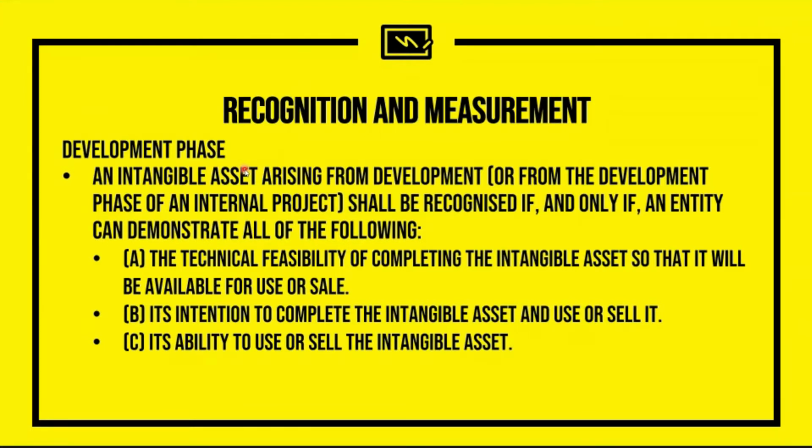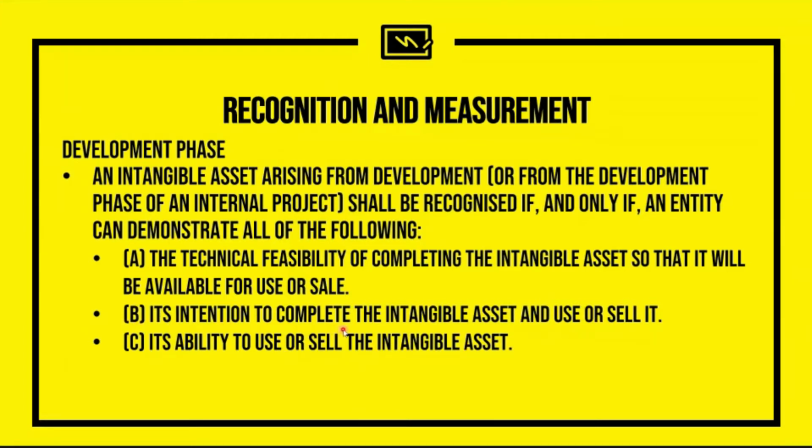The first item is of course technical feasibility, when the entity has already established that there is a practical use for the item that is being developed. In addition, the entity should also be able to demonstrate its intention to complete the intangible asset and use or sell it. In addition, the entity also needs to provide proof of its ability to use or sell the intangible asset.